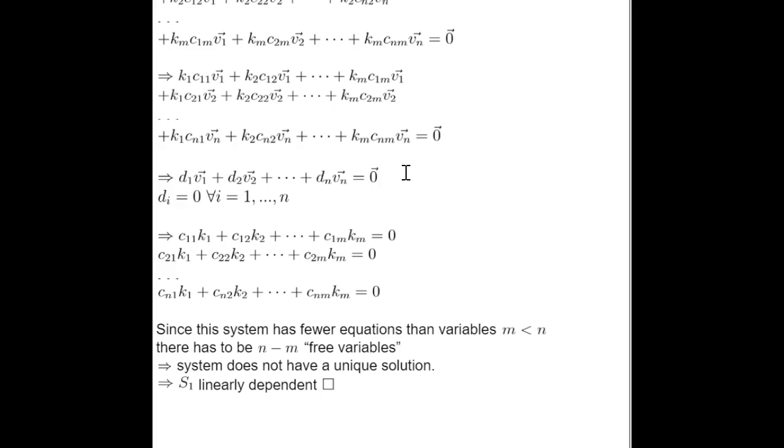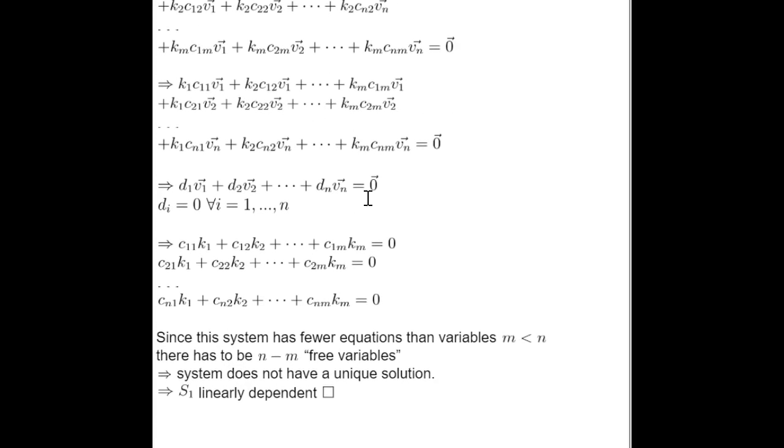Now, each of those long coefficients happens to be what we call the d. This is the string of coefficients that go in front of v sub i. So here, this whole equation using those d's becomes d1 v1 plus d2 v2 plus dn vn, which is still the 0 vector.